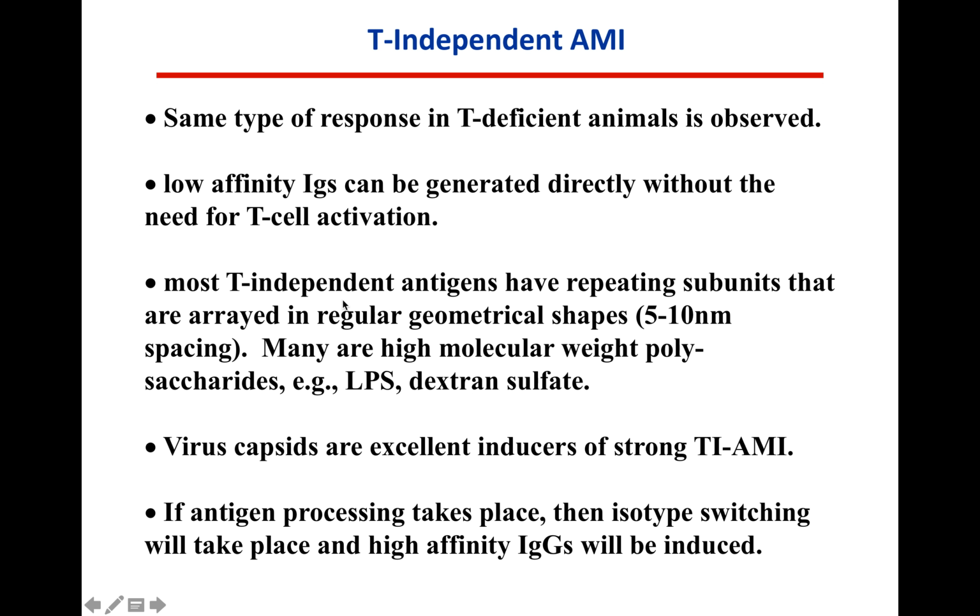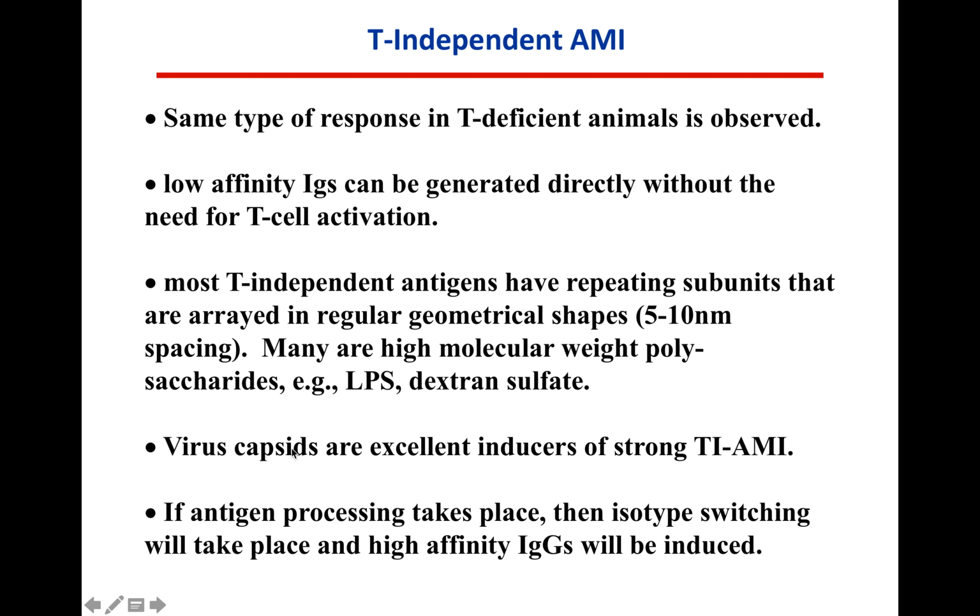And most T-independent antigens have repeating subunits that are arrayed in regular geometrical shapes. So a T-independent antigen has a distinctive geometrical shape and size, with repeating subunits, and many have high molecular weight, like high molecular weight polysaccharides, LPS, dextran sulfate. These can all result in this mechanism.